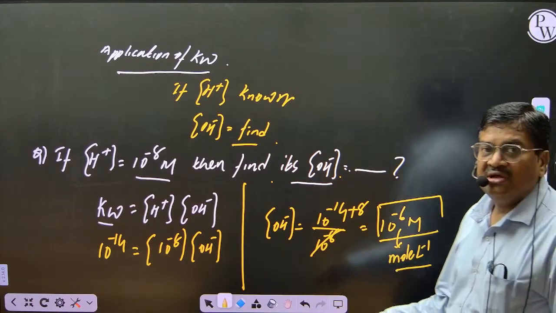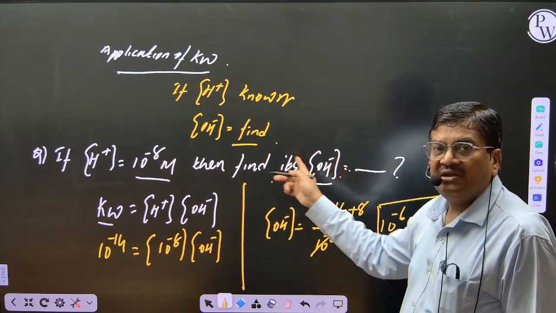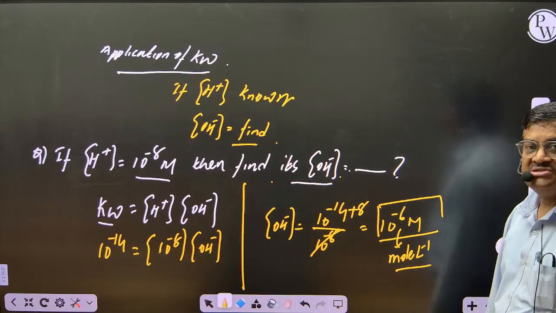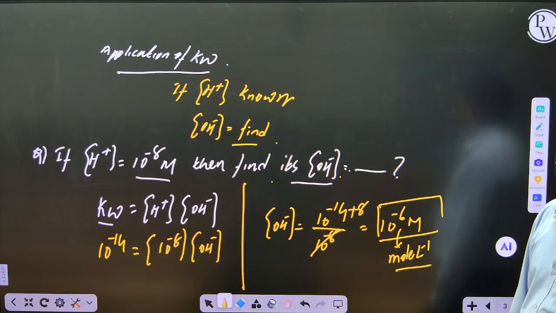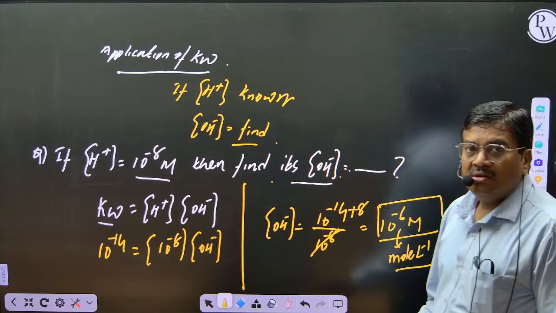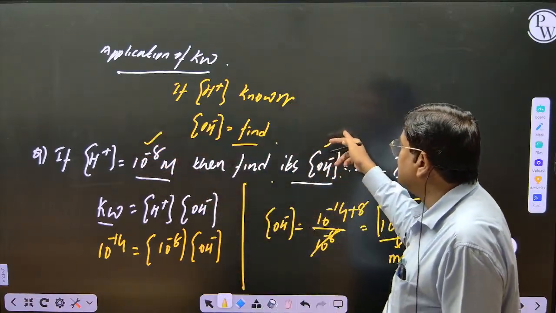So understood? If either one is known, if I know OH minus ion, I can find out H plus ion. So is it an application or not? Understood, students? Clear, no? H plus ion concentration is given, and I am asking to find the OH minus ion concentration.